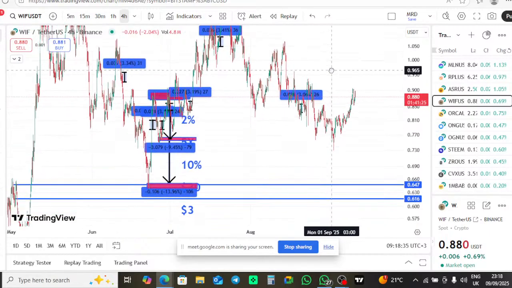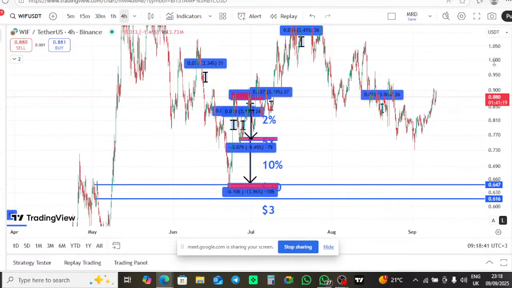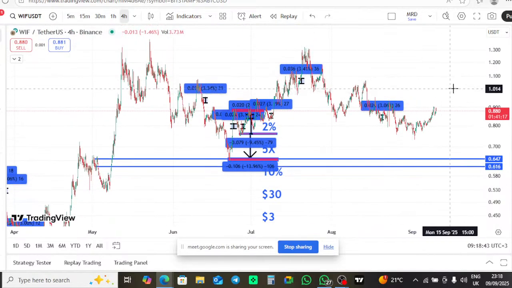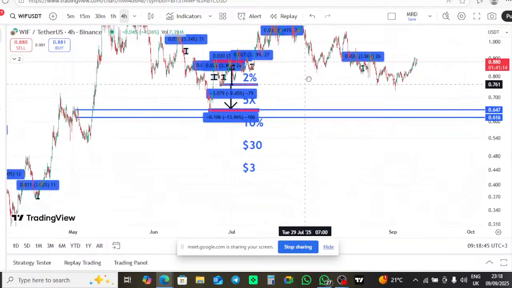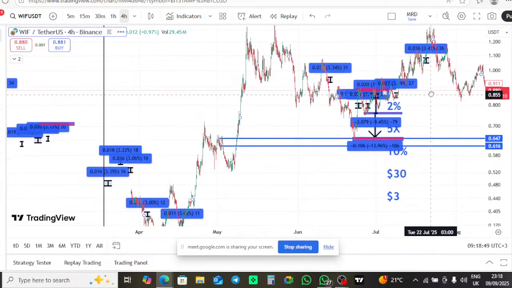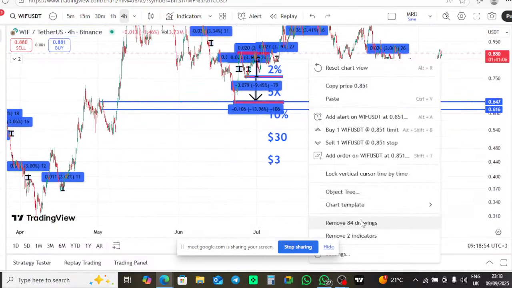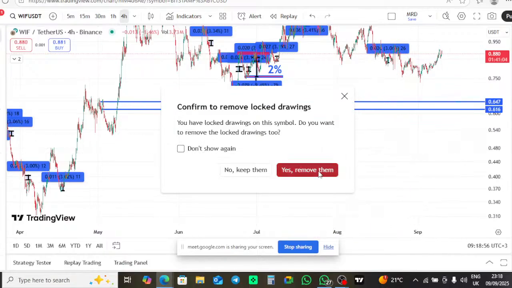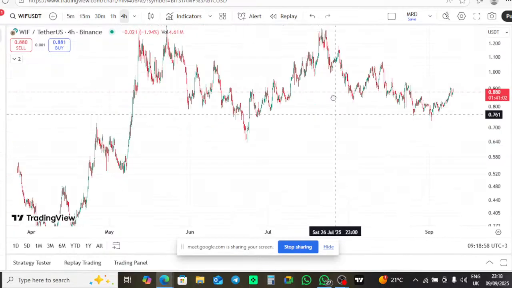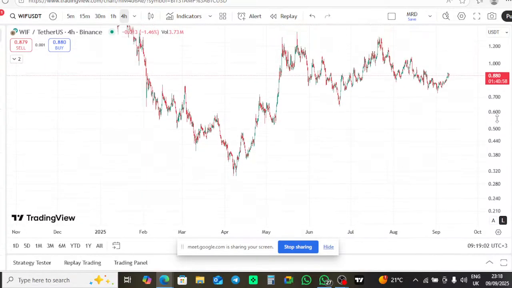So let us deal with WIF. Okay, I'm going to rub everything here. At the end of the day, we are not trading it. We are not in floating of this coin. We have been getting out from this coin. So I'm going to remove everything. Then we start together on how to draw the support and resistance.